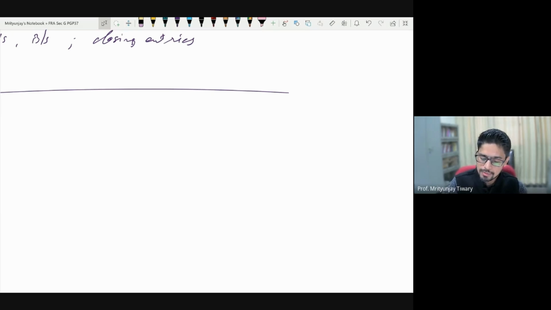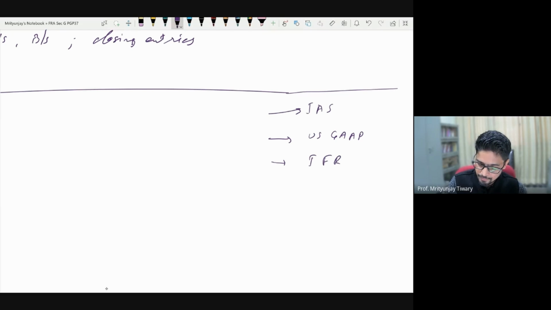Then the following are some of the very commonly used sets of rules that you may witness. One is called Indian Accounting Standards. One is called US GAAP, Generally Accepted Accounting Principles, and one is called IFRS.